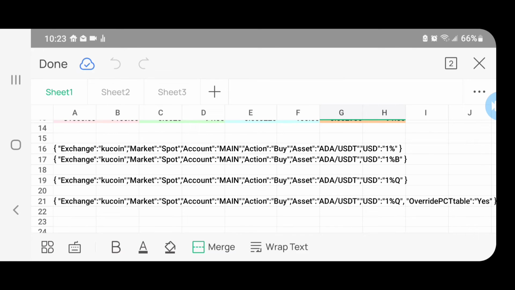It just doesn't assume later on down the line to check the percentage tables. You must explicitly tell it to check the percentage tables. So your percentage reference must be in both your buys and your sells or closes.